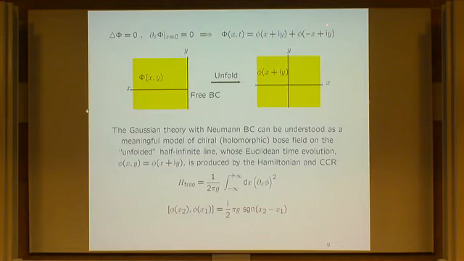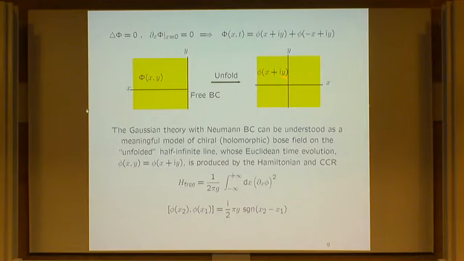Actually, they're the same function, phi small, because of these boundary conditions. And you can formulate a meaningful theory of a chiral Bose field on the unfolded half-infinite line, right? This transformation just unfolds the half-infinite line to the whole space, and the field lives on the space and satisfies very simple equations of motion.